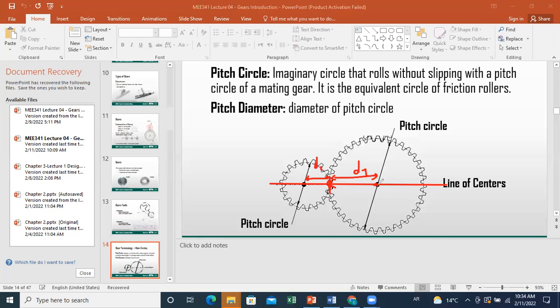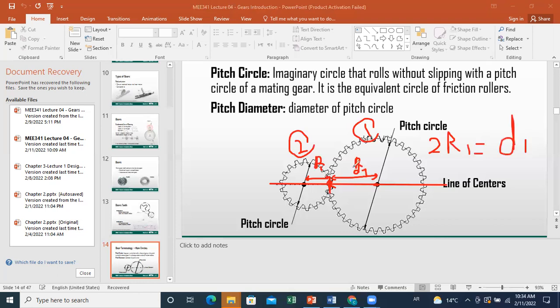The pitch circle will be characterized by a diameter. If this is gear 1 and this is gear 2, let us call the radii R1 and R2. So the pitch diameter for gear 1 is 2 times R1, equal to D1.